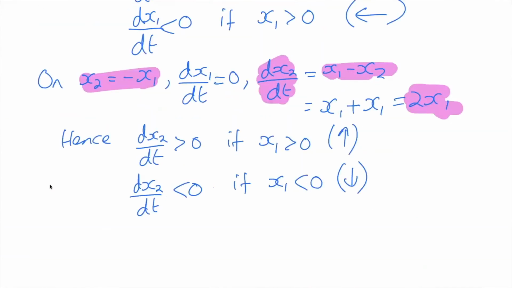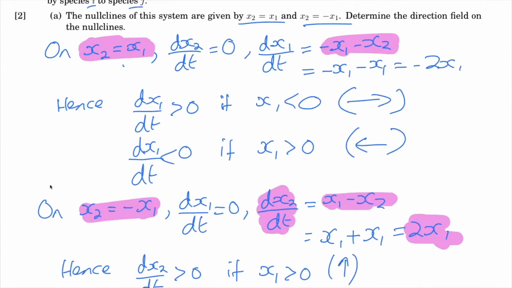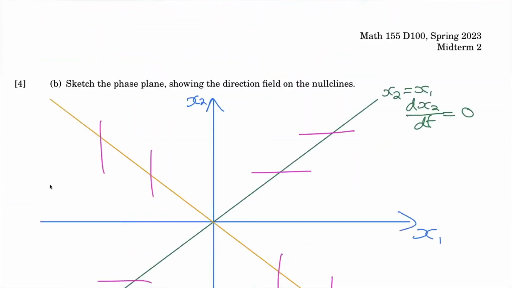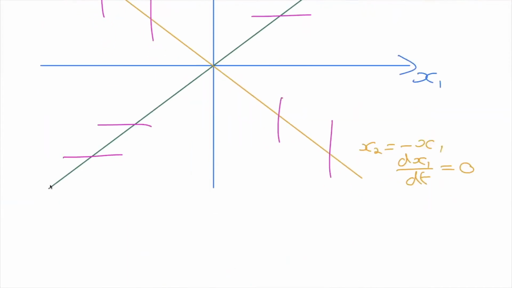Okay, so what do we know? We now go back to what we learned for our direction field in part A. So let's just highlight this bit here. We're told that dx1/dt is going to be greater than 0. We're going to be moving to the right if x1 is negative. So when is x1 negative? x1 is negative on this side of the graph, between here and here.